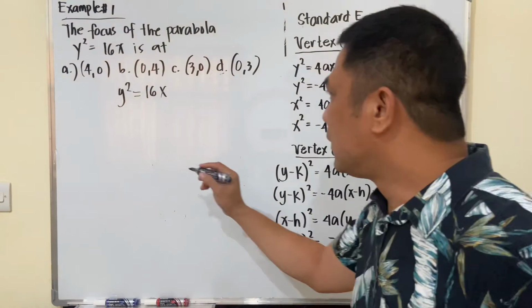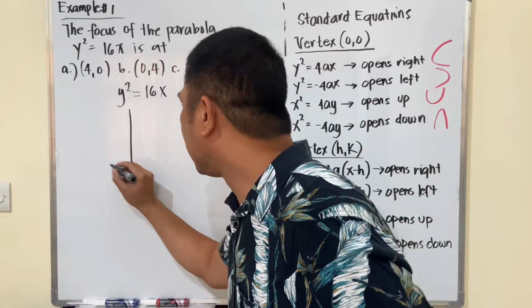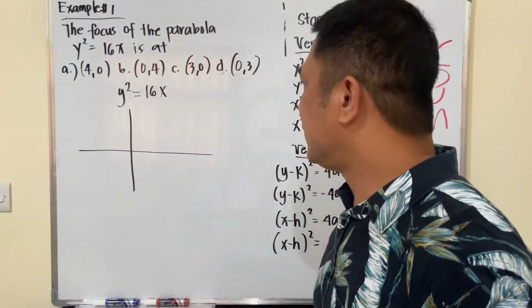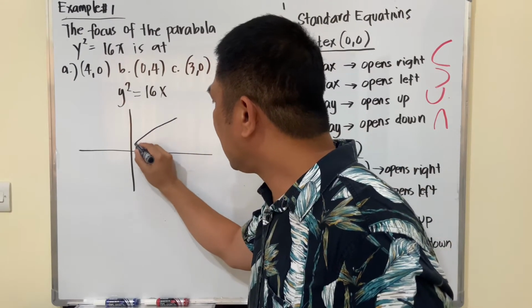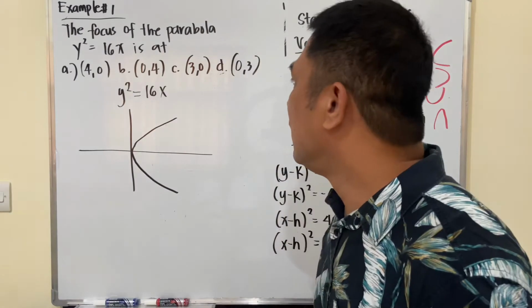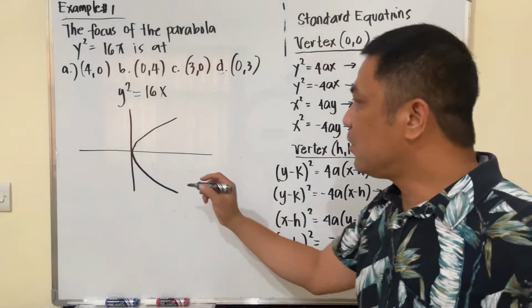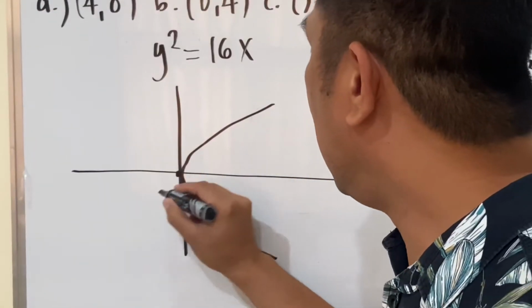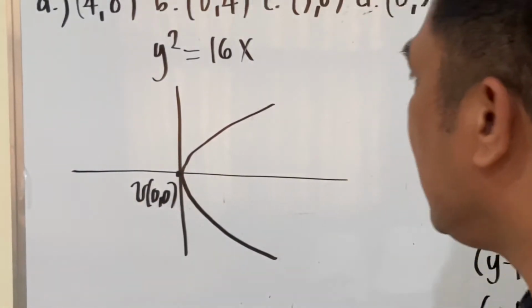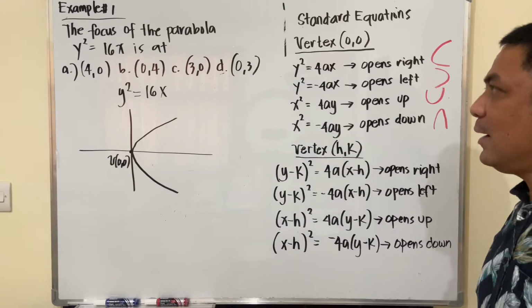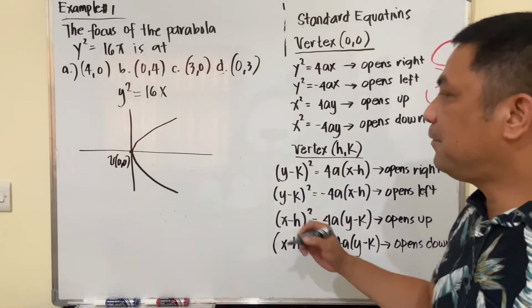To draw your parabola, it will be somewhat like this. It opens to the right and your vertex is at 0, 0.